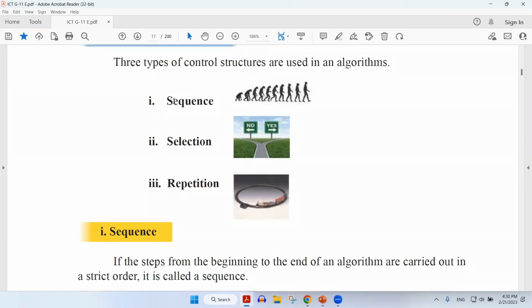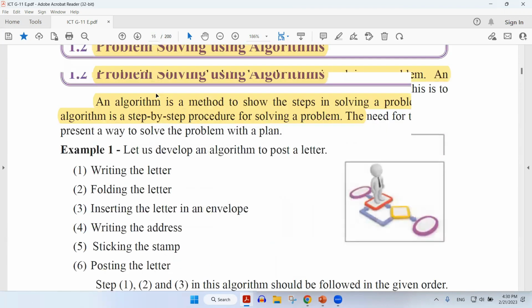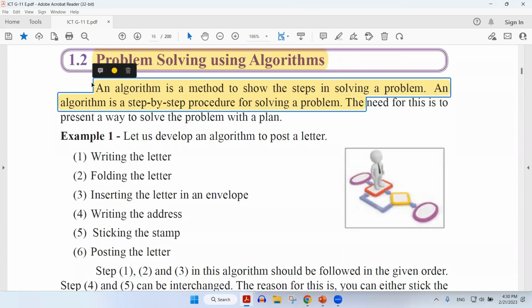I'll tell you what to be written. You can write this sentence as the second point under the same topic, problem solving using algorithm. The first topic indicates what is an algorithm. Then the second topic goes like this.